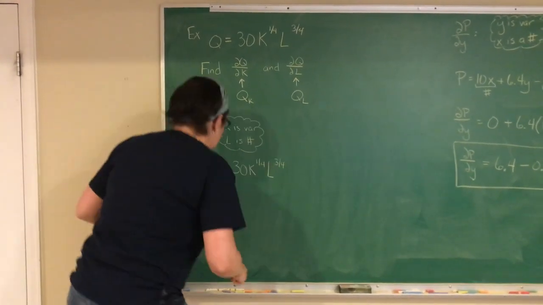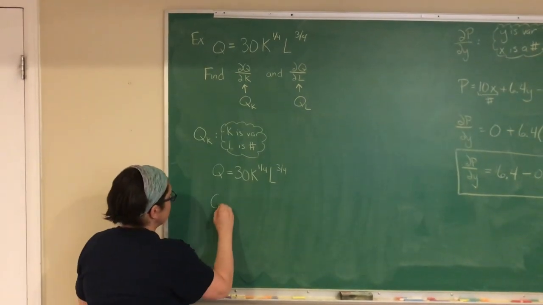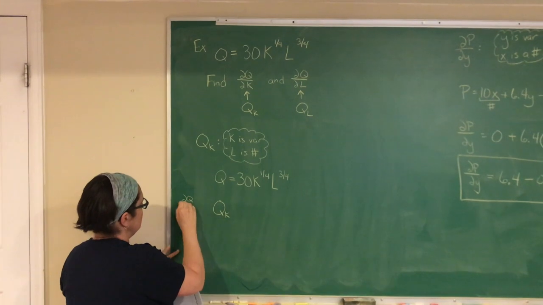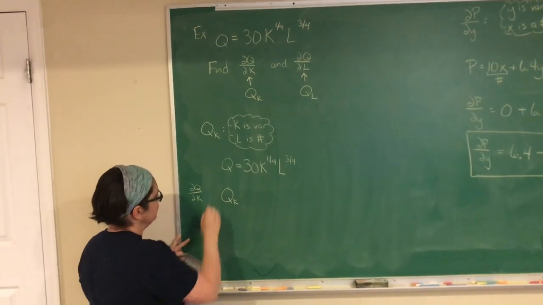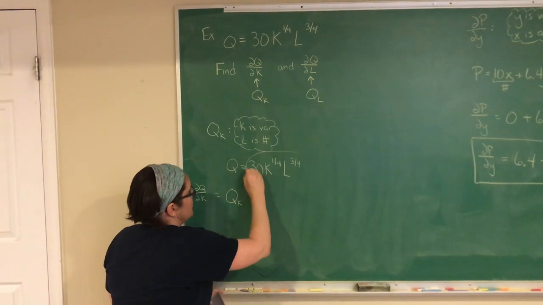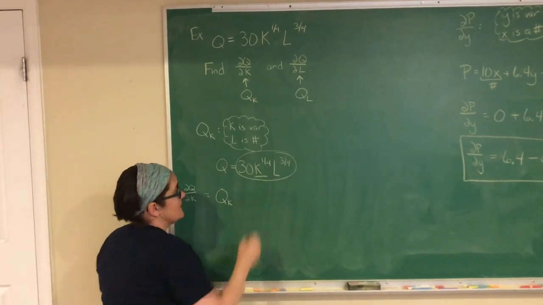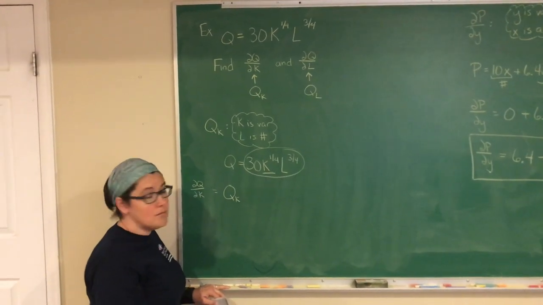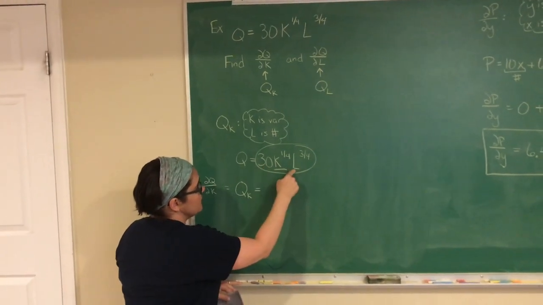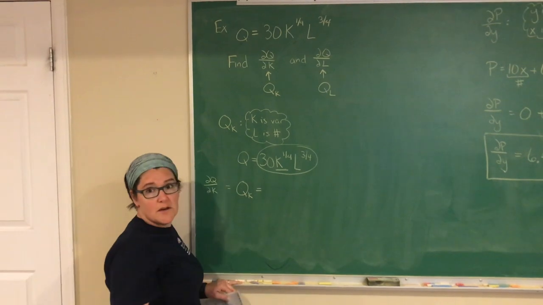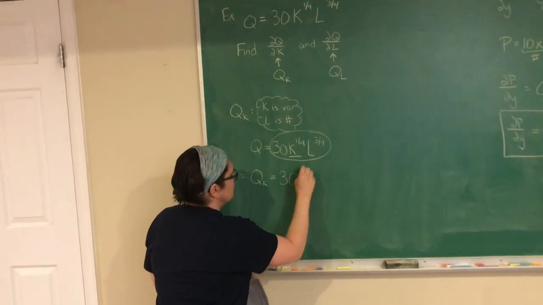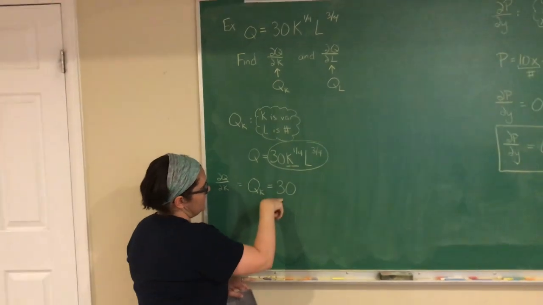This is the one thing that we're going to take the derivative of. Okay, so our partial derivative with respect to K, which you can also write as dQ over dK. K is my variable, and this term has a K in it. So my process will be to copy down the numbers and take the derivative of K to the 1/4. So I copied down the 30.